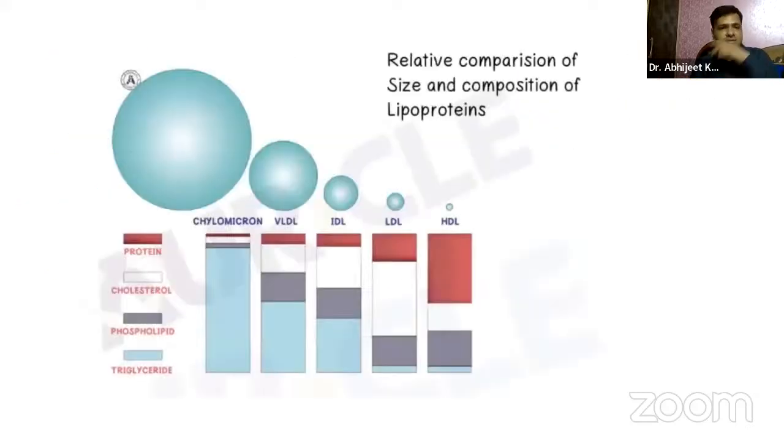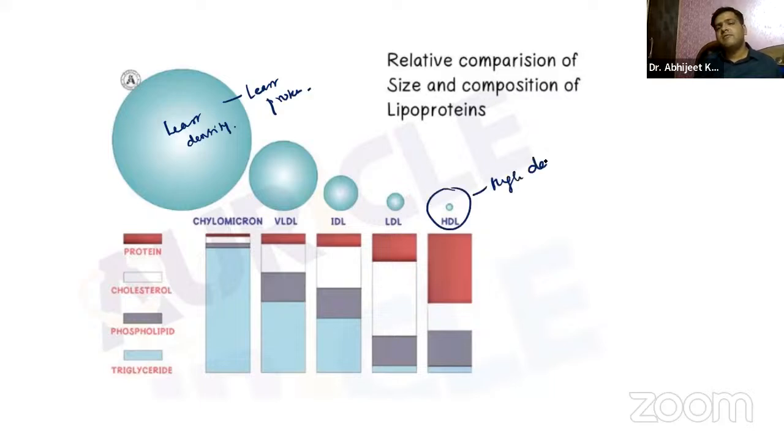Now, you can see the chylomicron has the biggest size, but it has the least density, guys. Why? Because it has the least protein. HDL has high density because it has high protein. So the density of the lipoprotein is directly proportional to the protein content.